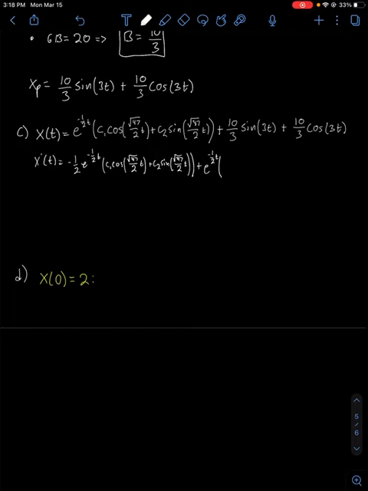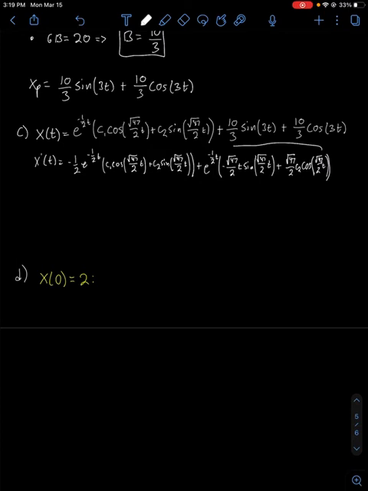So the derivative of the inside is root 47 over 2, and then the derivative of the outside is negative sine. So negative root 47 over 2 c1 sine root 47 over 2t plus the chain rule again, which is root 47 over 2 c2 cosine of root 47 over 2t.